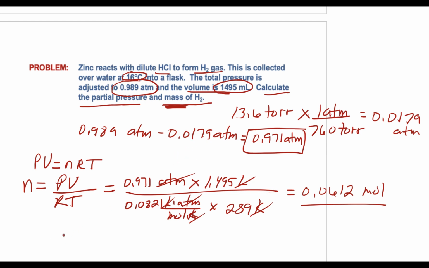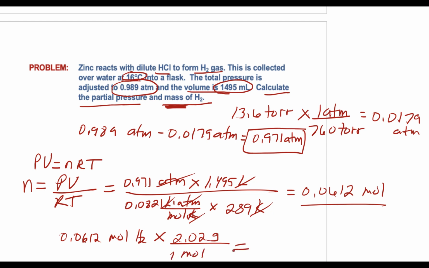And we just convert this then to grams. So 0.0612 moles of hydrogen, and diatomic hydrogen is 1.01 times 2, it has a molar mass of 2.02 grams per mole.